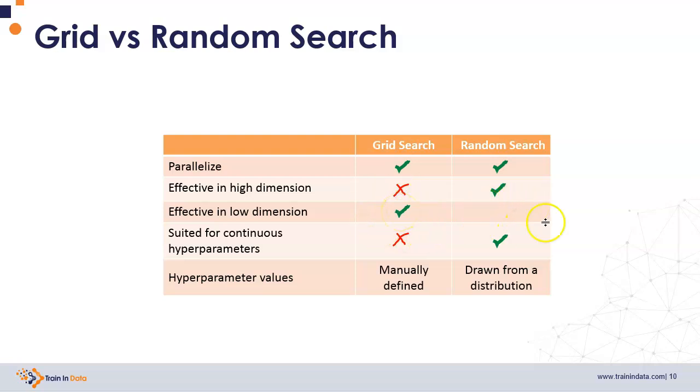For random search, it kind of depends on the number of combinations that we're willing to sample. Random search is well suited for continuous hyperparameters, whereas grid search is not. And for grid search, we need to define the hyperparameters manually, whereas a random search is able to draw the hyperparameter values from a distribution. Therefore, it's able to explore a wider hyperparameter space.